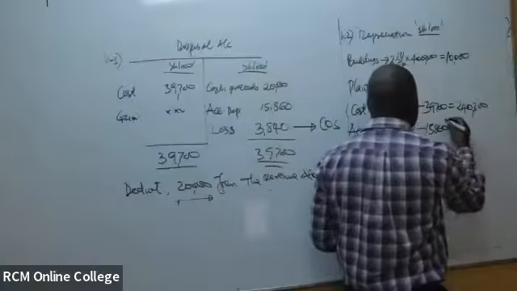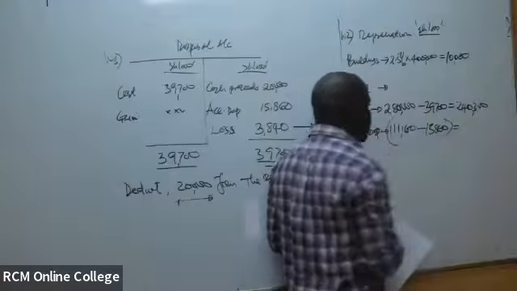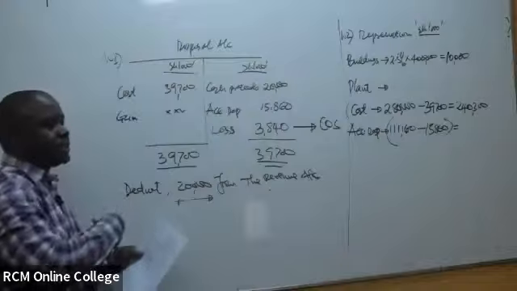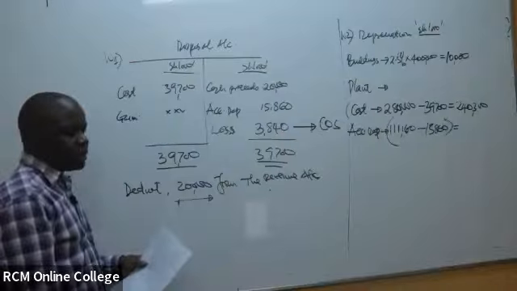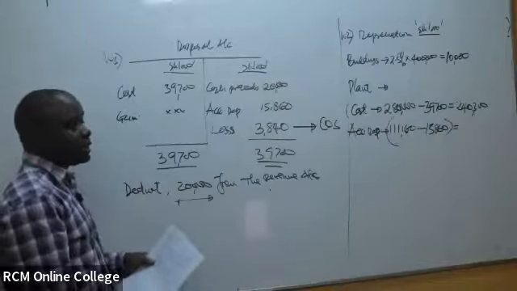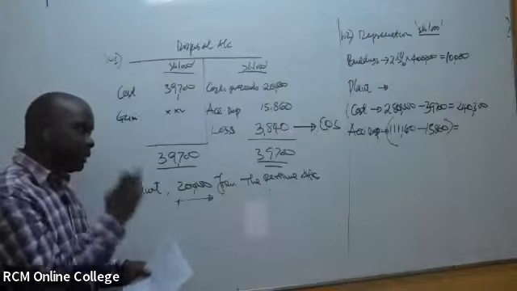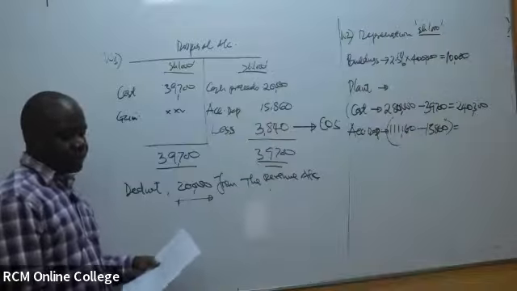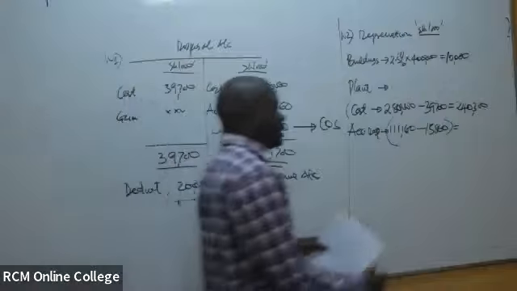So overall, the accumulated depreciation of the items remaining in the business is how much? Overall, it is how much? The items remaining in the business, the accumulated is how much? What is the figure there? Get the difference. 95,300.